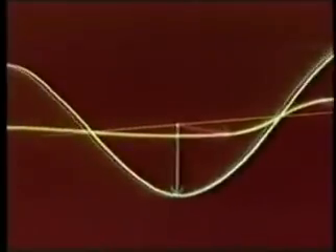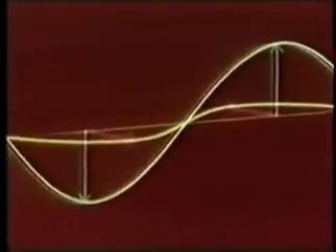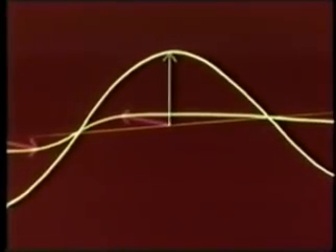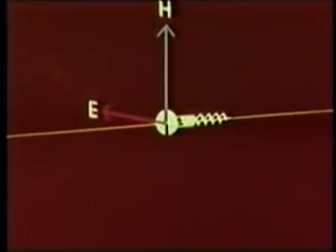The direction in which the E and the H wave pattern propagates is determined by a simple rule. To apply this rule, we use any two vectors. Imagine a corkscrew action. If we turn from the E vector to the H vector through the shortest distance, the screw has advanced in the direction of propagation.